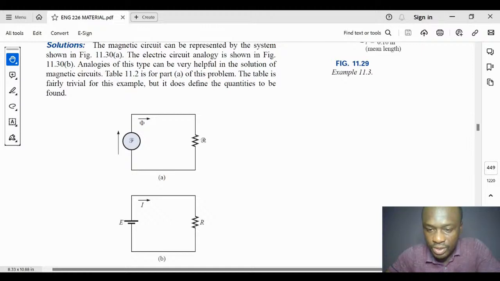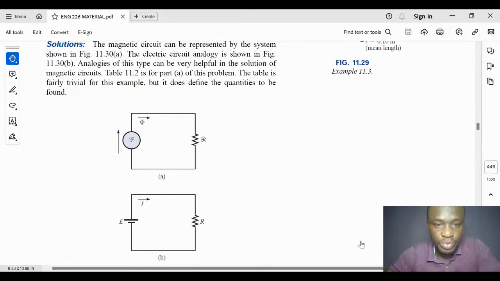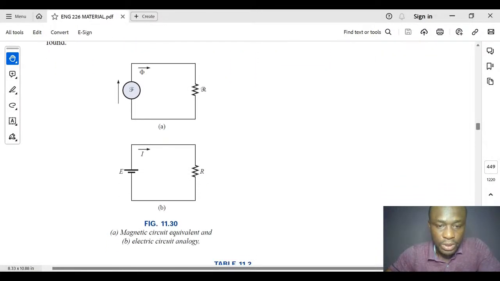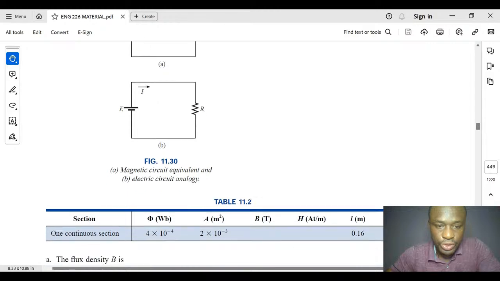We are still learning this process. Just bear with me. Let's move down to the solution.